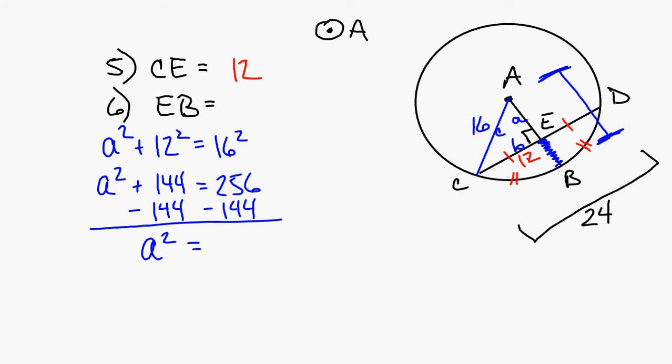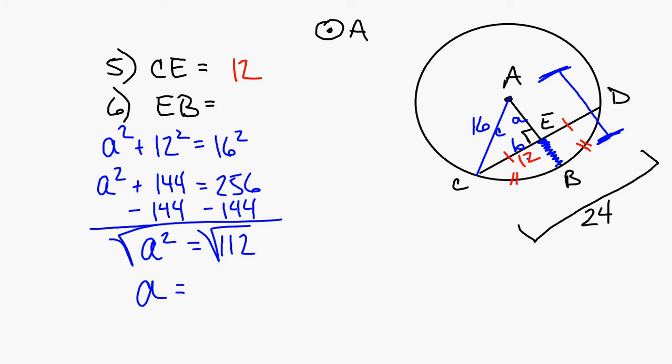And if something squared equals a value, you can find the square root of both sides. That gets the variable by itself. And the square root of 112 is 10.58. And let's go to the nearest tenth. So we're going to make that 10.6.